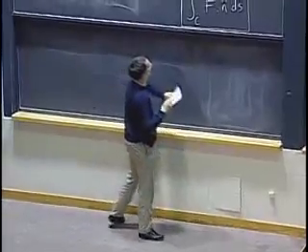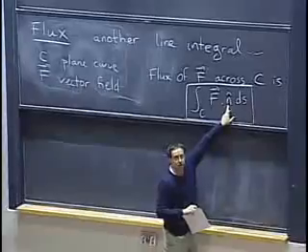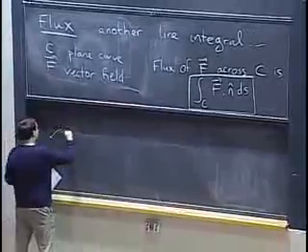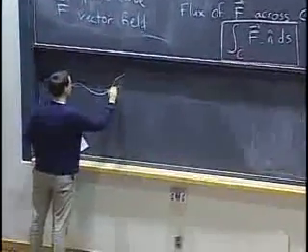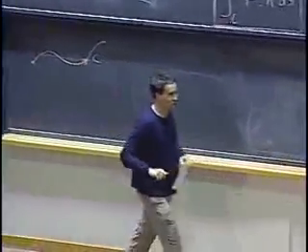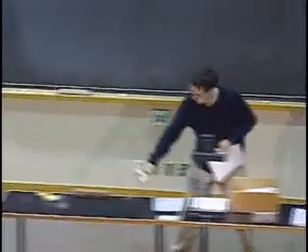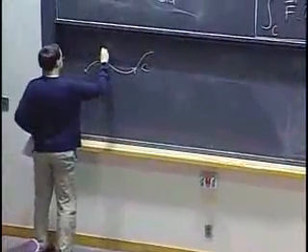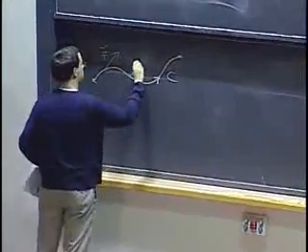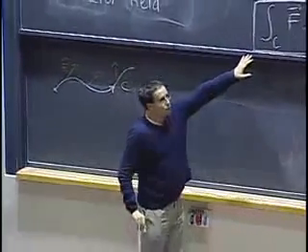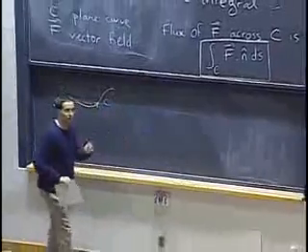So first, I have to tell you what this little n is. The notation suggests it's a normal vector. So what does that mean? I have a curve in the plane, and I have a vector field, let's see, the vector field will be yellow today. And I will want to integrate along the curve the dot product of F with the unit normal vector to the curve.